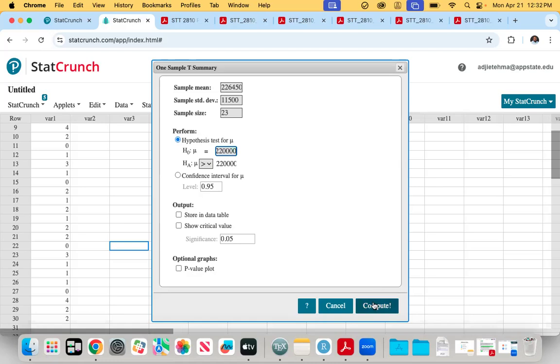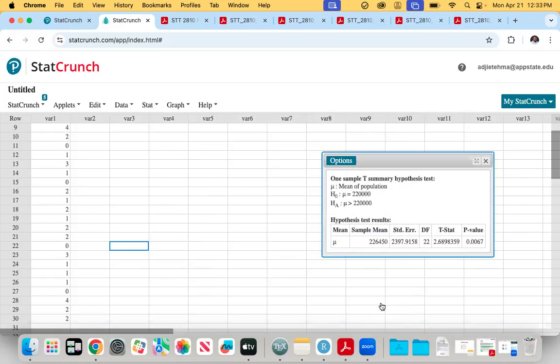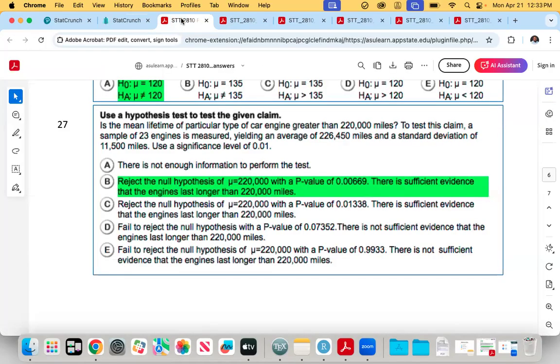Let's get the p-value. So we click on this, and then this is our p-value, 0.0067. We can see the p-value looks like this.